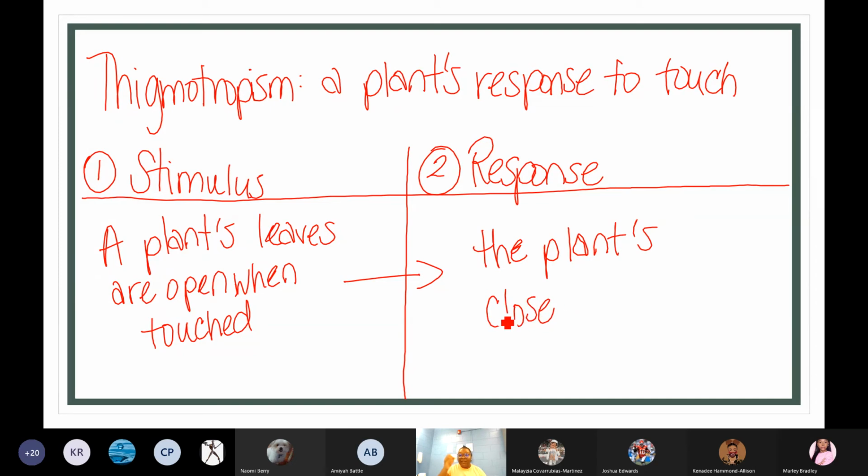And I'll send you that video in a second once we end our live session. But you'll literally be able to see how not all plants show a response to touch like the plant you're going to watch in a second. But you're going to be able to see that just like with a Venus flytrap, it responds to the touch. It'll close up. Yes, that's thigmotropism, a plant's response to touch.